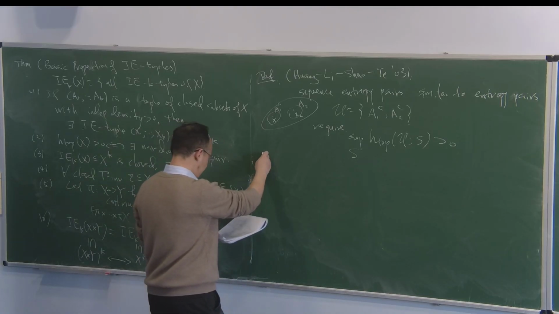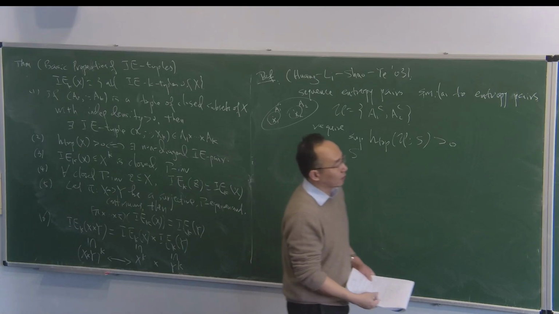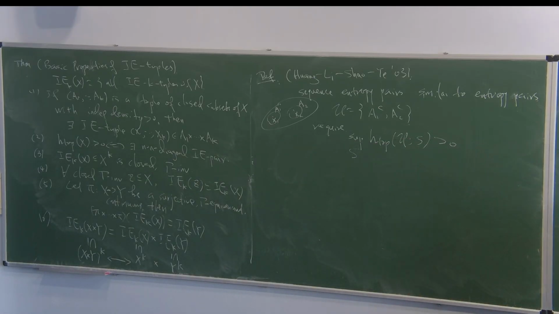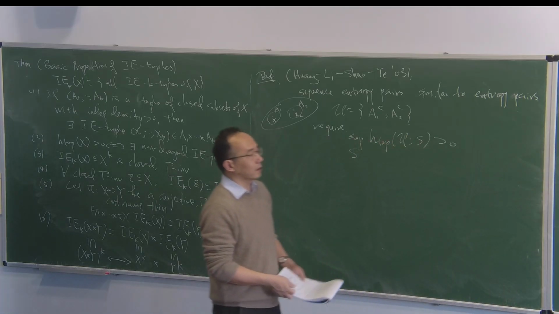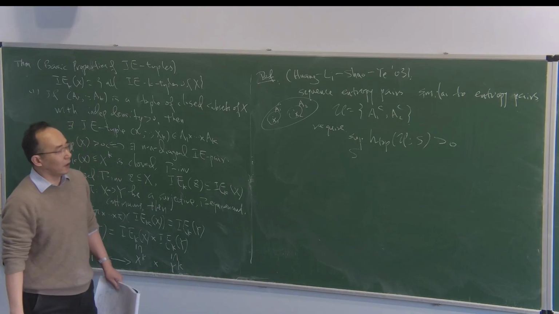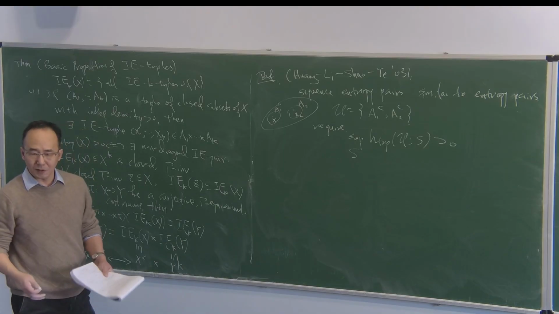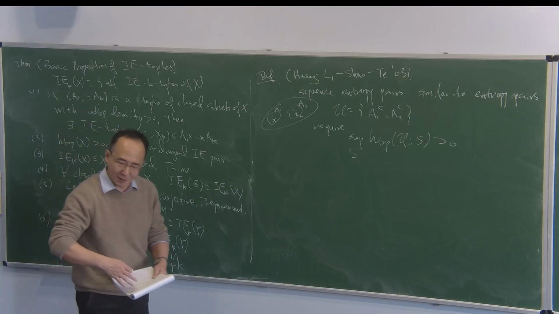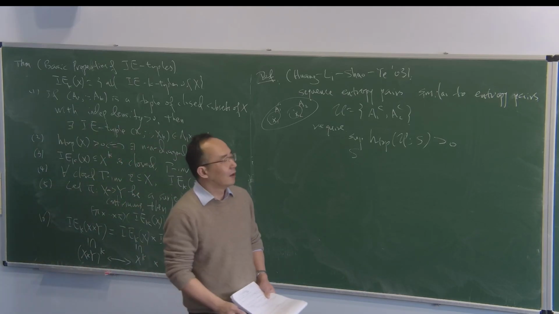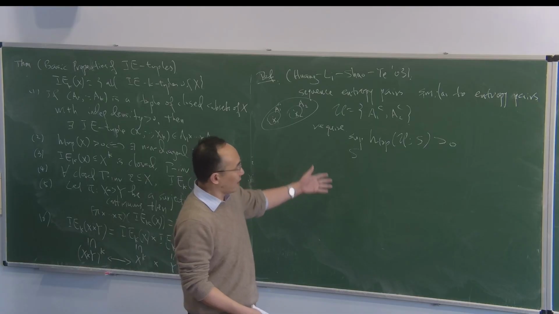Then it turns out that one can do a similar thing, an analog for IE tuples. For IE tuples, what you want is independence sets with positive density. So you can ask what should be the analog here.